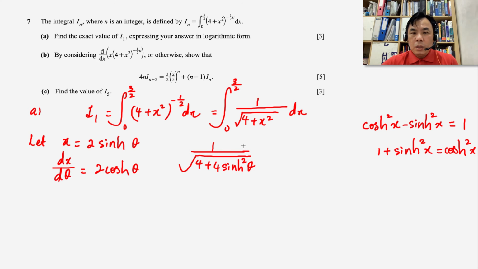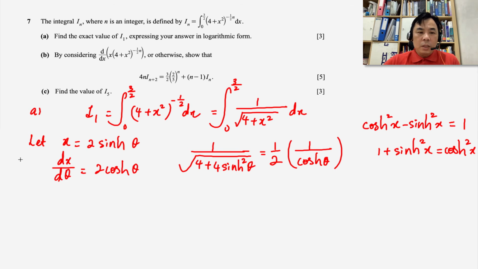This entire thing can be simplified: you will notice that this is just a half, and after you take out the 4, you will have 1 plus sinh squared, which is the same as cosh squared. That would become 1 over cosh theta in this case. And then there you have it. That's what we have at this point of time.